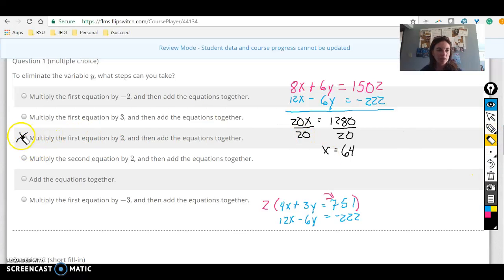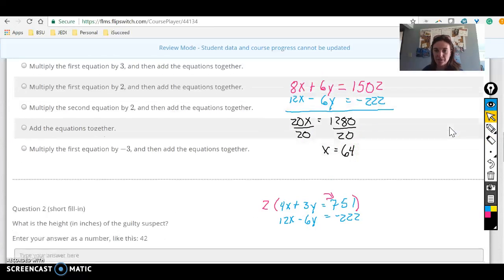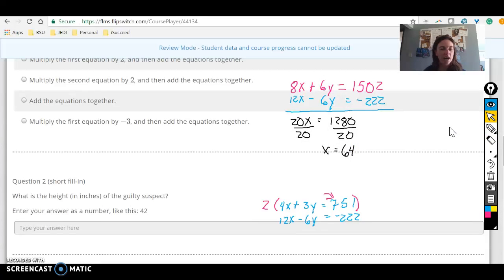So I think we've actually probably answered the second one as well. Let's scroll down. The height, remember x was the height. So right here we can just enter 64 because we solved for that.